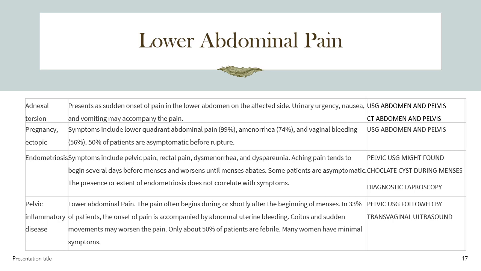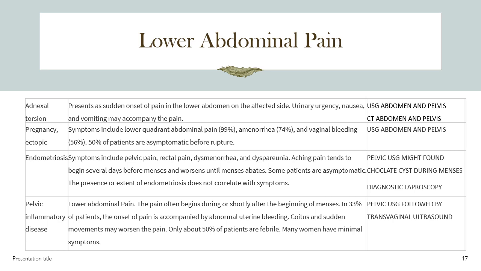Third thing is endometriosis. It's a very underdiagnosed condition and very commonly missed in both emergencies and OPD visits. Patients usually present with episodic pelvic pain, rectal pain, dysmenorrhea, dyspareunia. The pain usually begins before menses and then gradually worsens till the menses abates or ends.